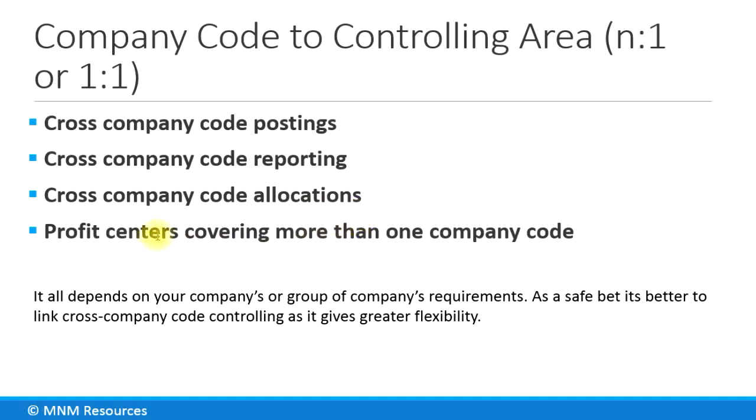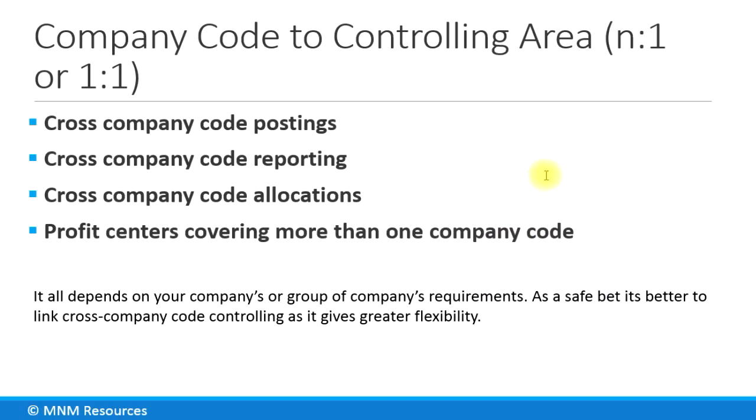You also have the option to assign one profit center to cover more than one company code. For example, you might have 3 company codes producing the same product, so you can assign this profit center to those 3 company codes. You might have a company code called Lifebuoy, which might produce detergents, sanitary items and soaps, another company code called Sunsilk, and another called Rexona, and all these three company codes might produce a similar type of product.